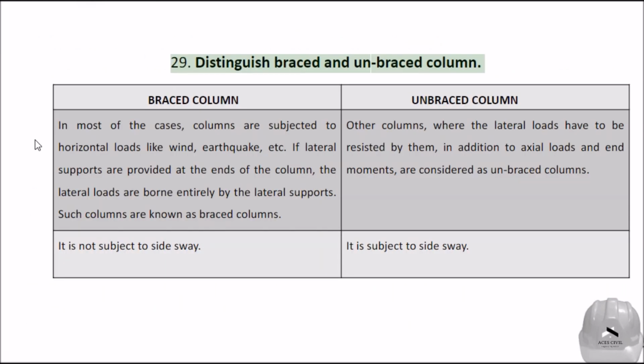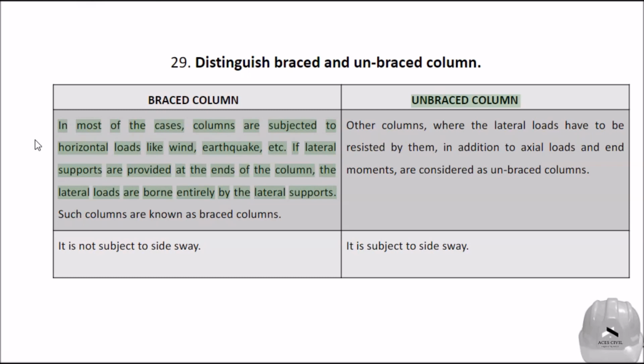Distinguish braced and unbraced column. In most cases, columns are subjected to horizontal loads like wind, earthquake, etc. If lateral supports are provided at the ends of the column, the lateral loads are borne entirely by the lateral supports.